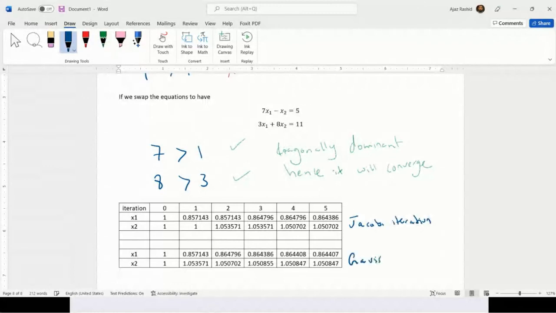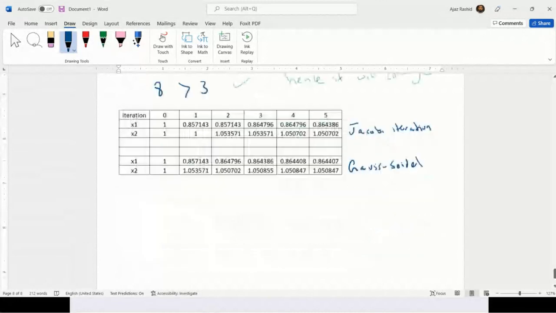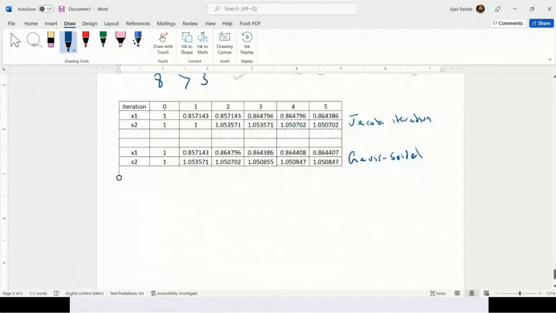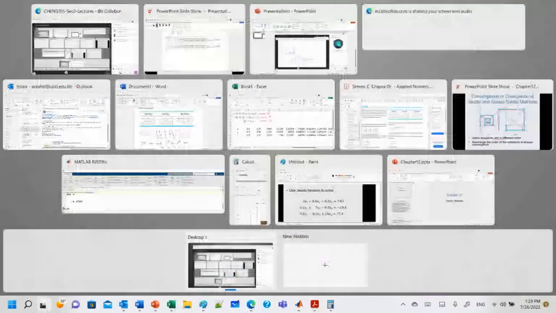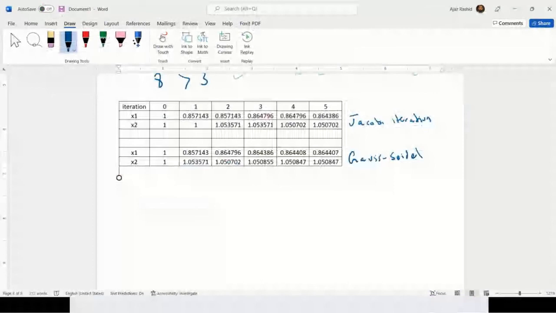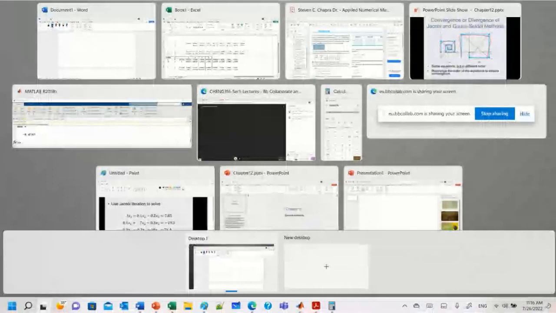And that's the Gauss-Seidel iteration method. So that's the difference between the two methods. And diagonal dominance, of course, is very important to see whether you are going to have convergence or not.